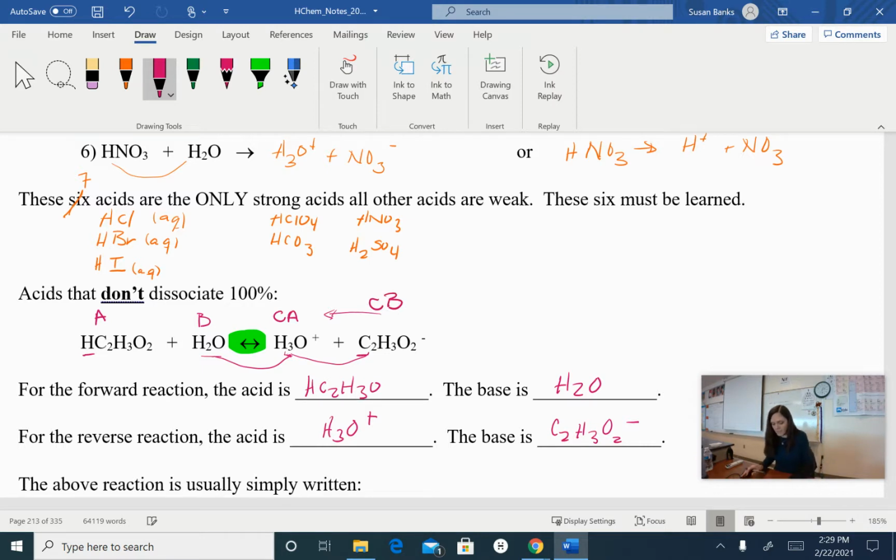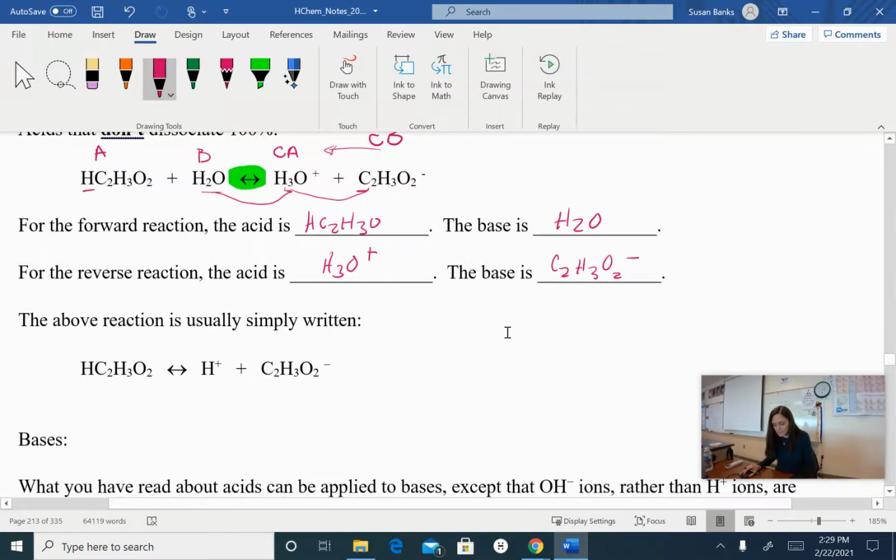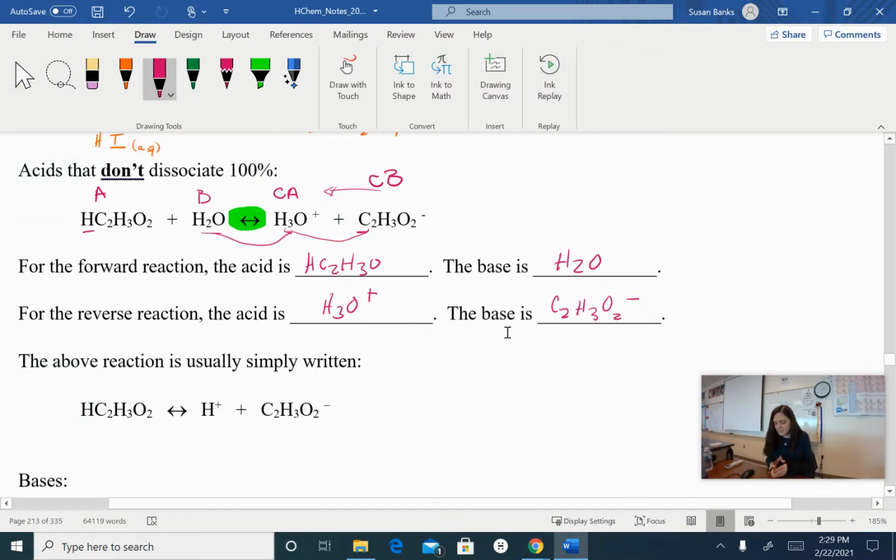Okay, all right, so the above reaction, because we don't want to necessarily write out the waters, we are going to write it just like that, where we have the hydrogen coming off the acetic acid, creating the hydrogen ion and the acetate ion. Now, in reality, hydrogen ions or protons are not by themselves in water.